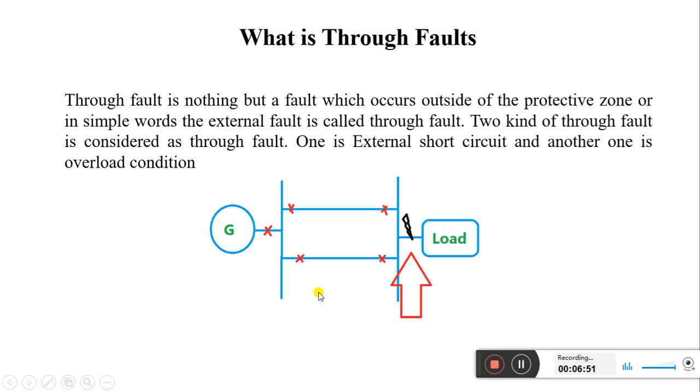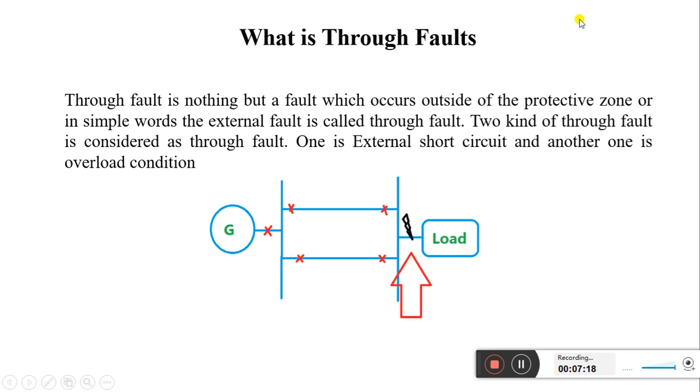So where are the relays placed? One is this relay near the generator side, and in between, in the protection zone, there are two relays placed here, and on this side also there are two relays placed here. This is the parallel feeder system which has been shown here, and the load is connected beyond this bus.